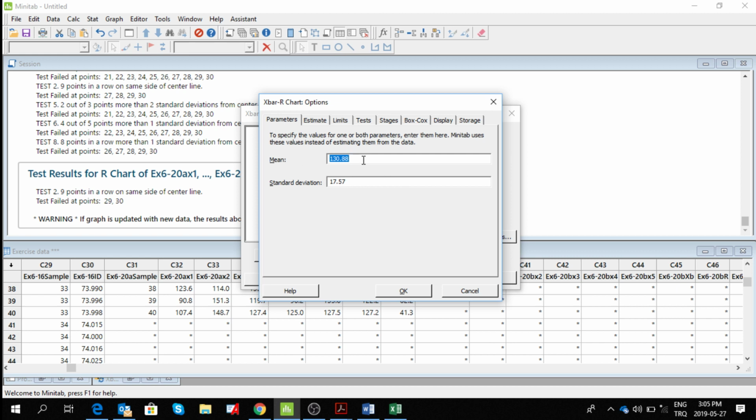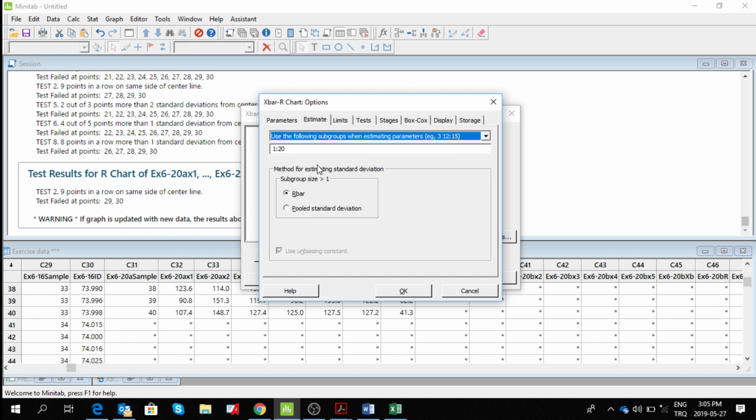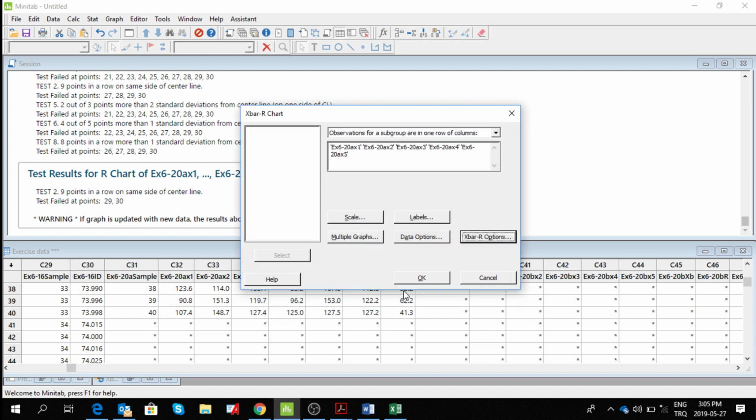We are still going to keep the same mean and standard deviation that is acceptable for the first 20, so I'm going to write estimate. We want to use the following subgroups when estimating the parameters: first 20 again. Click OK and see what happens.